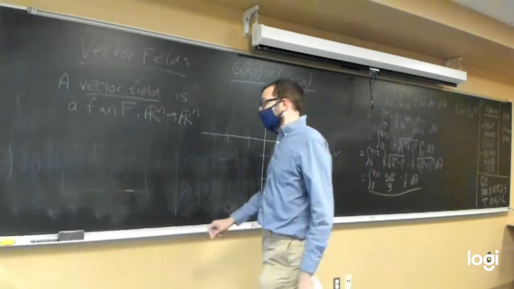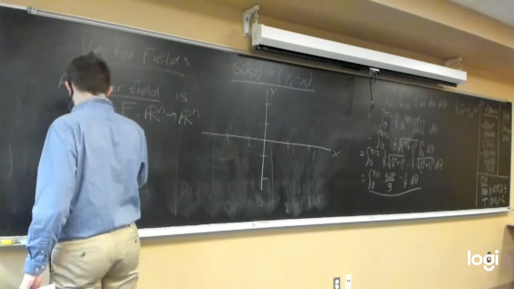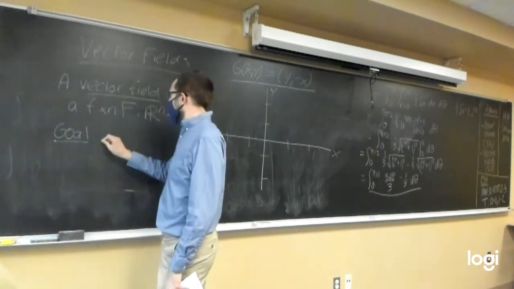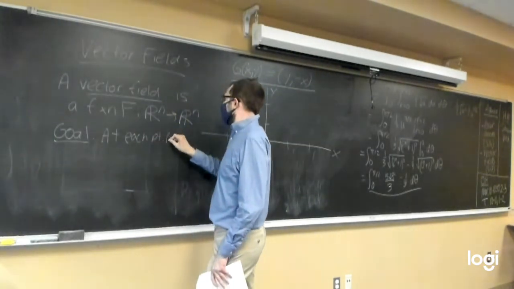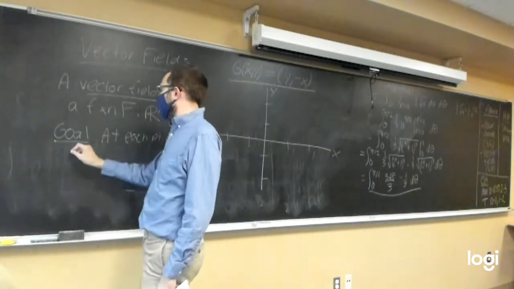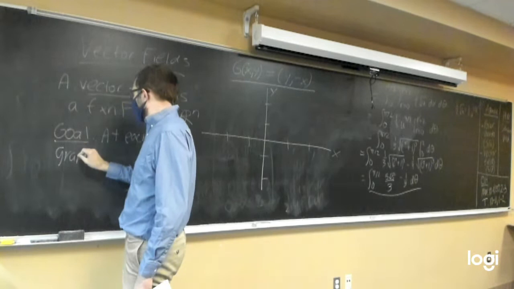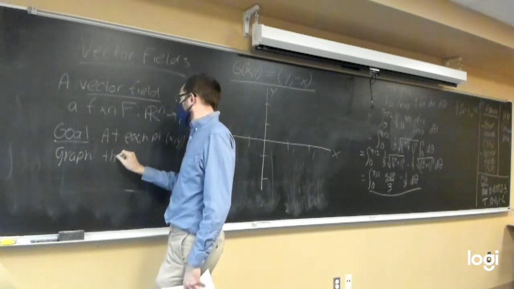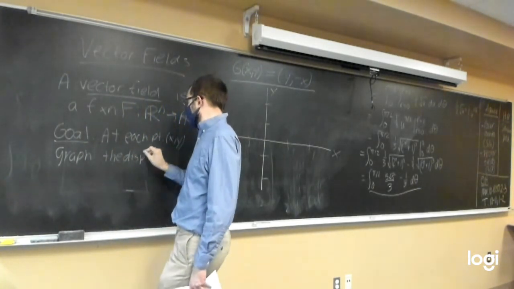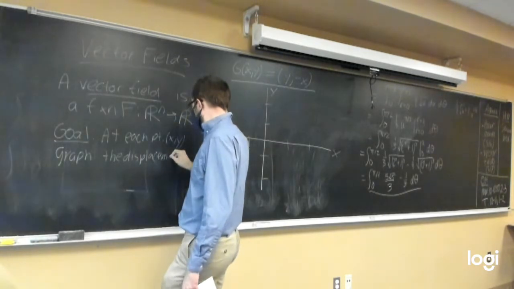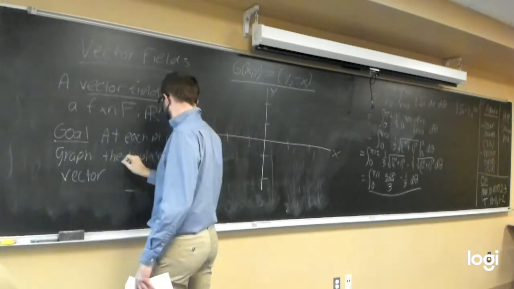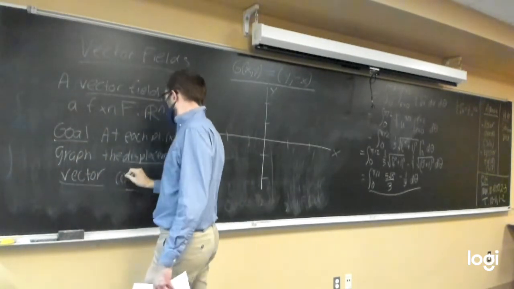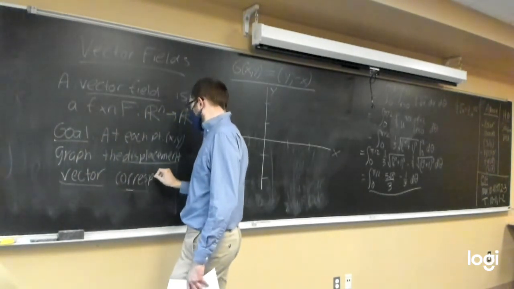Our goal in graphing is going to say at each point x comma y, we're going to graph the displacement vector corresponding to g of xy.